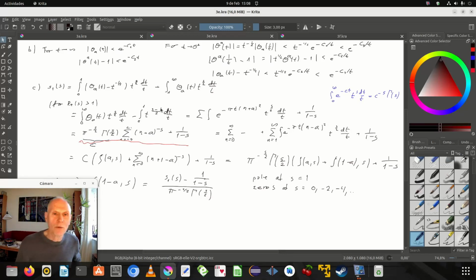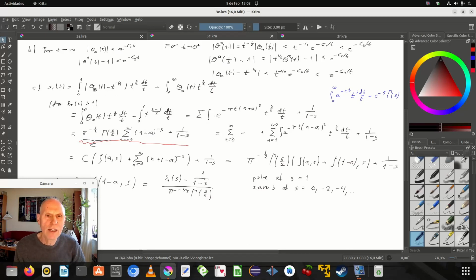So we've started on part C now. When the real part of s is larger than 1, we can split this integral and do them each by itself. And using the definition... now what did I do here?